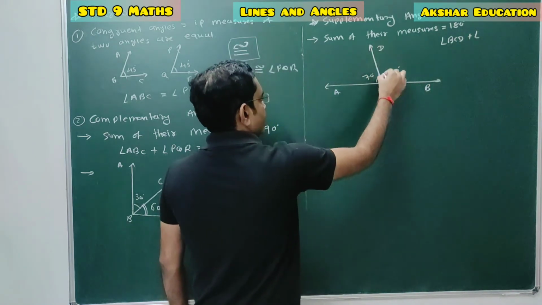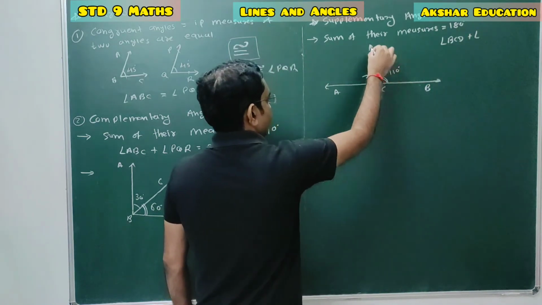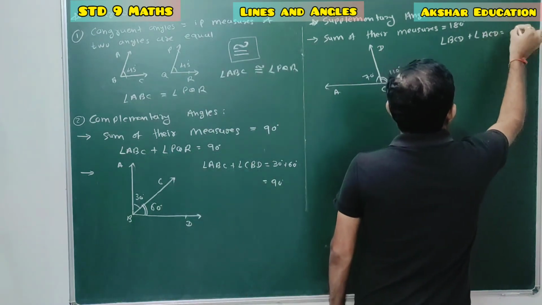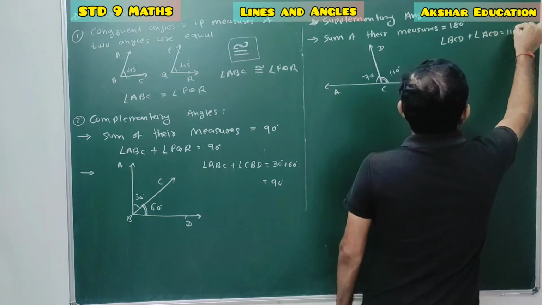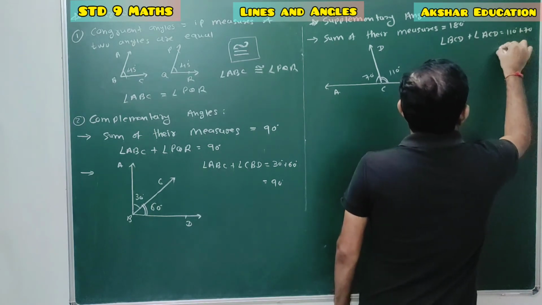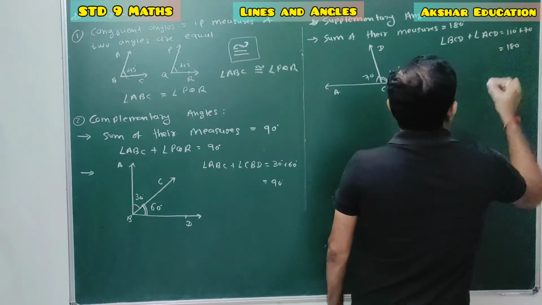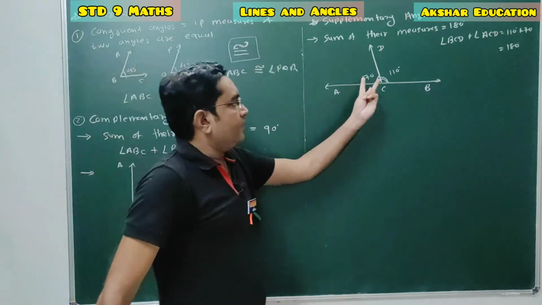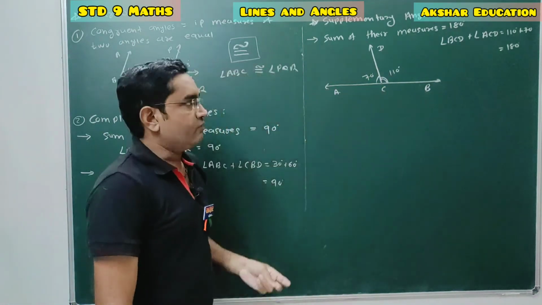Angle BCD plus angle ACD equals 110 plus 70, equal to 180 degrees.